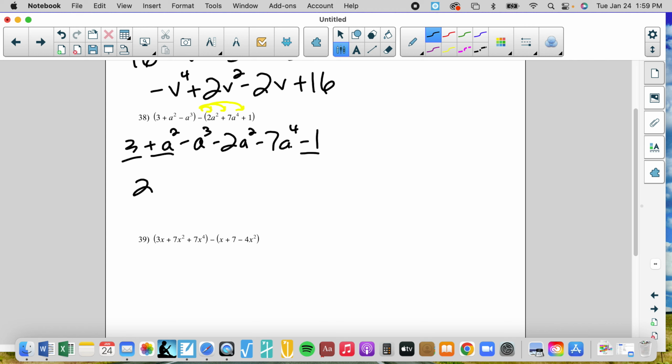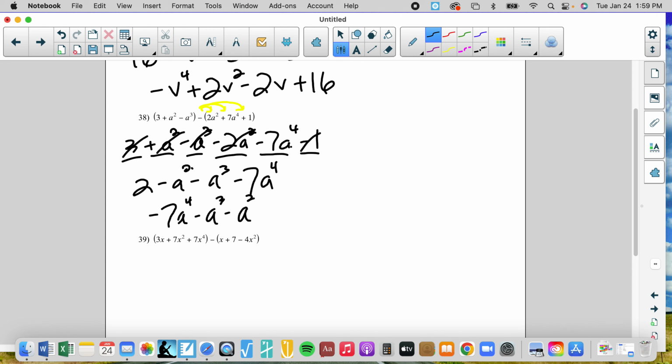We have a to the second, a to the second. We have a to the third, which doesn't have a pair. Oh, I didn't cross them out, sorry. And then we have negative 7a to the fourth. So negative 7a to the fourth minus a to the third minus a squared plus 2.